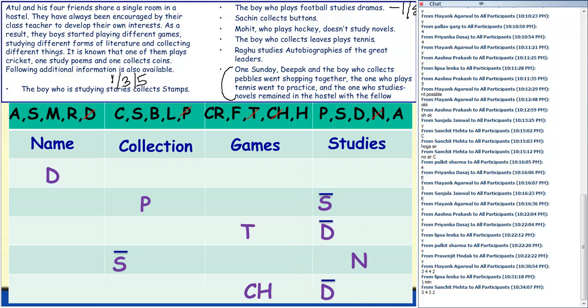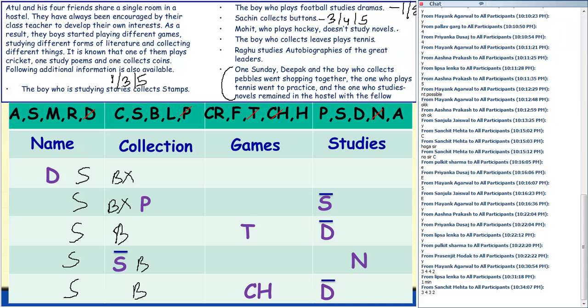Now third step, Sachin collects buttons. So Sachin and button must come together. Sachin button not possible. Sachin button not possible here. Sachin and button, third row possible. Fourth row, Sachin and button possible. Fifth row, Sachin and button possible. So for Sachin and button there are now three possibilities, that is either row 3 or 4 or 5 here.